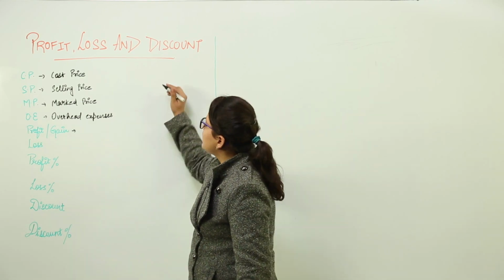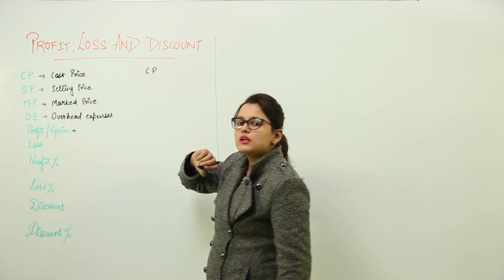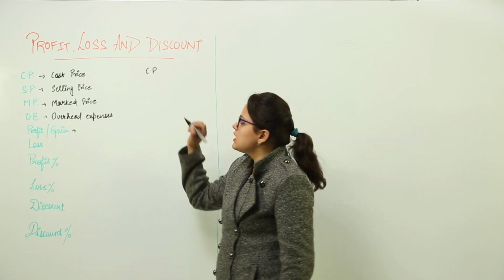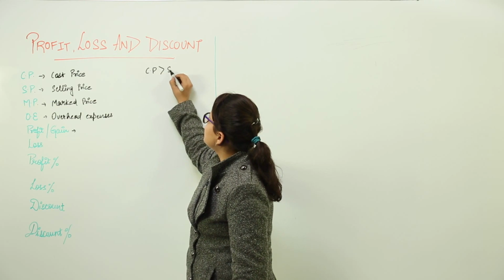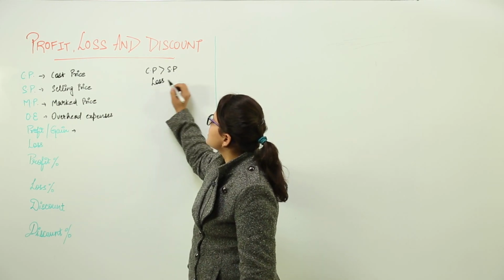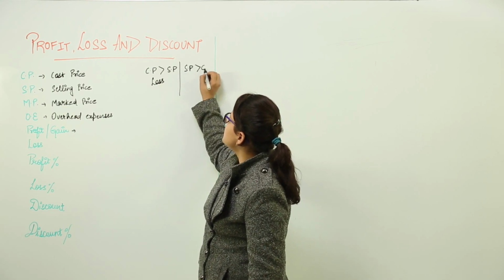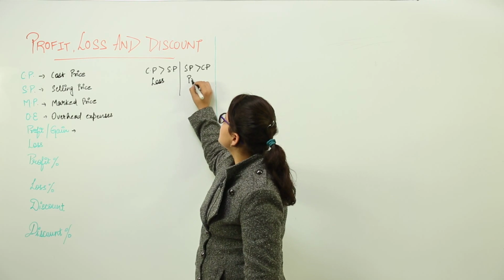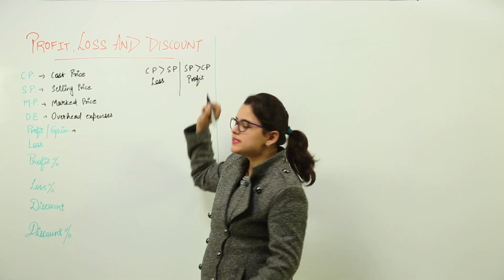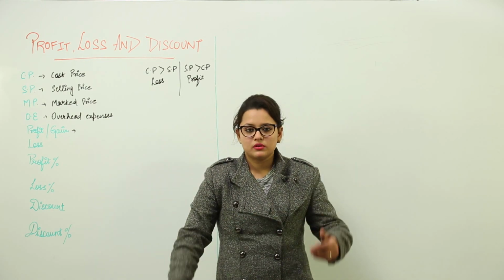See, first of all, I'll tell you one logic. If the cost price of any article or any item is greater than the selling price, then we say that the loss has occurred. If the case is opposite, that is, if SP is greater than CP, we say the profit has occurred. For example, you are manufacturing a shirt, right?